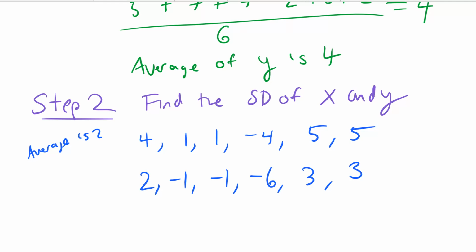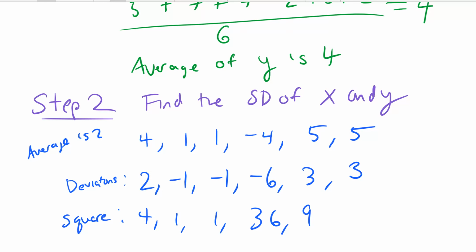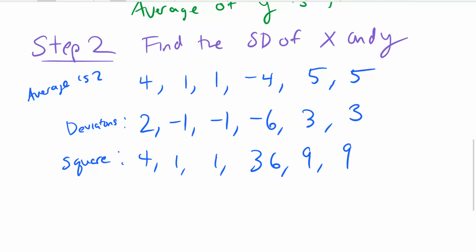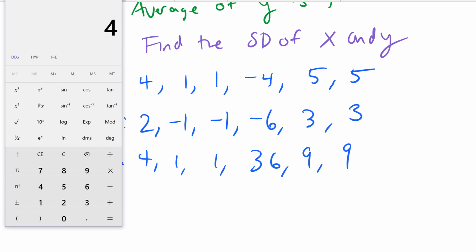Then we square. So let me write this as deviations. Square. We get 4, 1, 1, 36, 9, 9. Find the average. So 4 plus 1 plus 1 plus 36 plus 9 plus 9 equals 60.